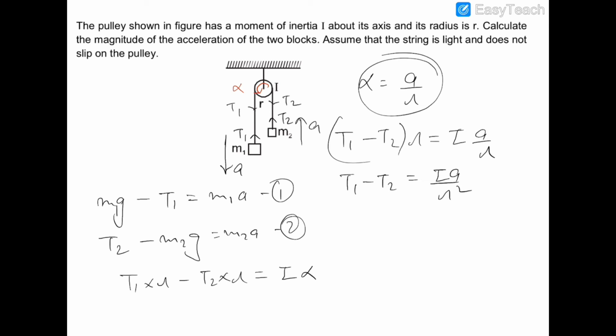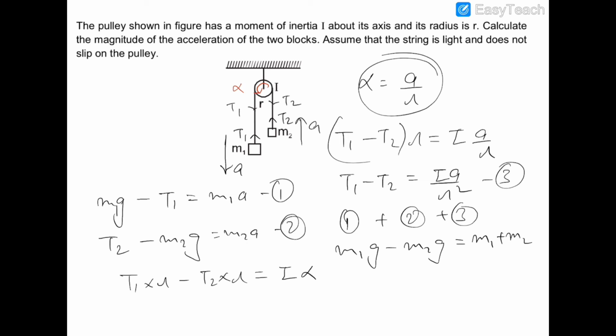Now you can add up all these three equations, equation 1, equation 2 and equation 3. So it would cancel out T1, T2, and this would be m1g minus m2g, and that is equal to (m1 plus m2 plus I upon r square) into a.